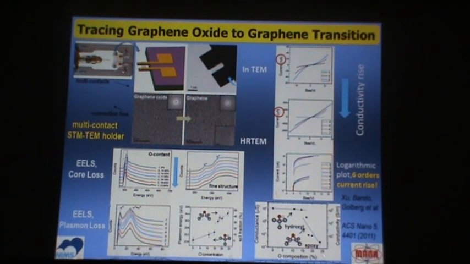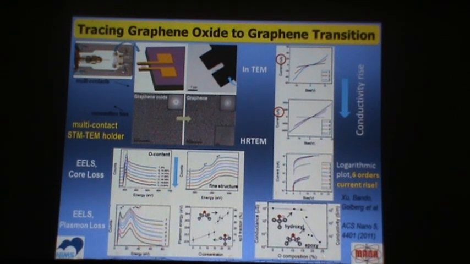If we use this type of bridge system, the idea here was, you know that a very popular process for making graphene is graphene oxide reduction. And we decided to analyze how it goes in real time inside TEM.